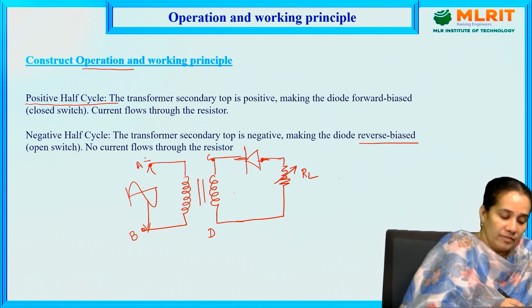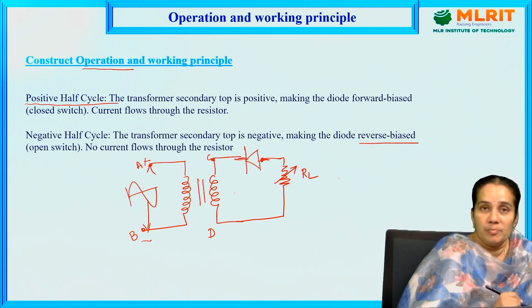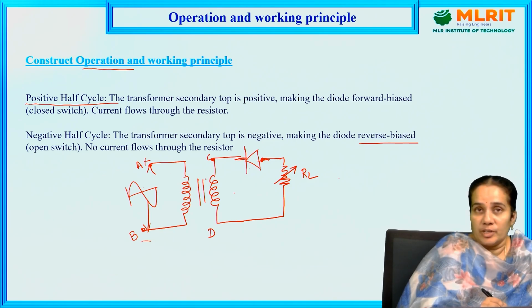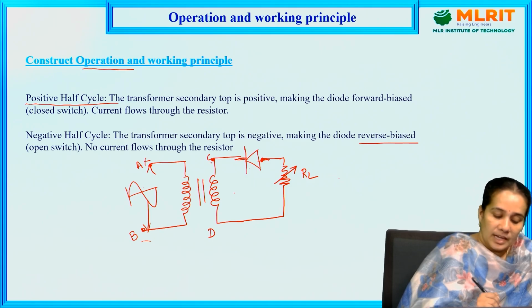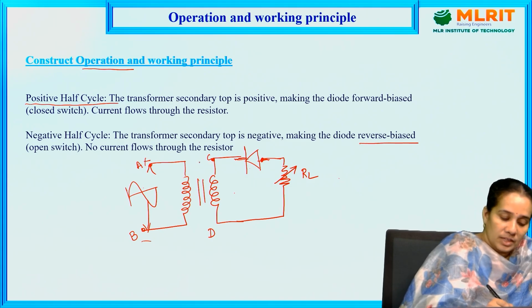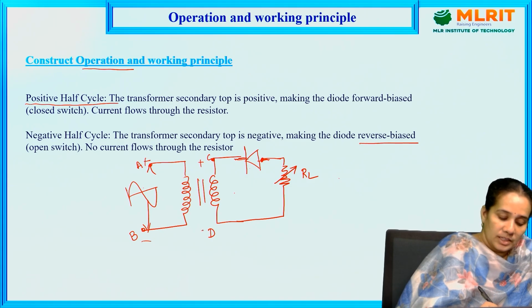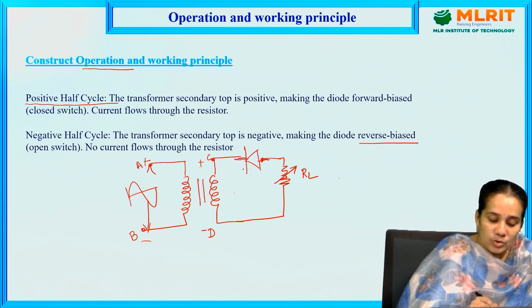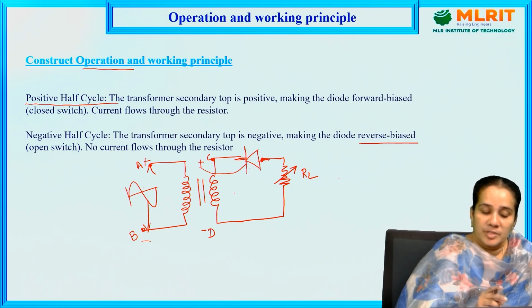Then node A will become positive, node B will become negative. Then the same voltage will be transmitted to terminal C and terminal D. So terminal C will become positive and terminal D will become negative. Now the positive is connected to the N-type semiconductor.